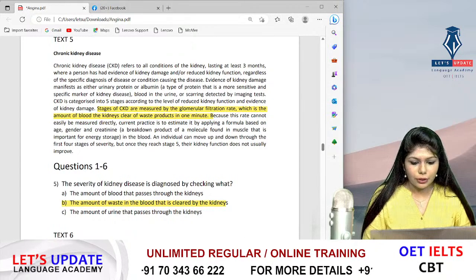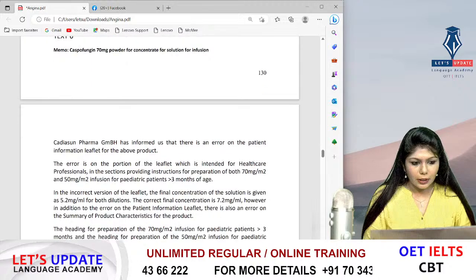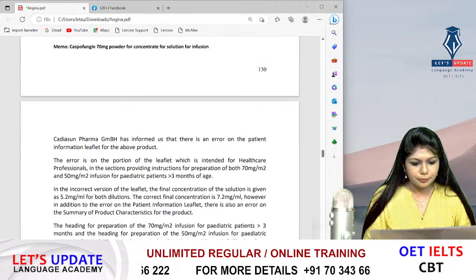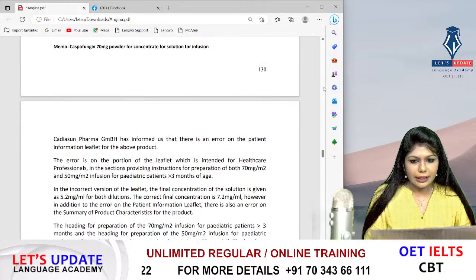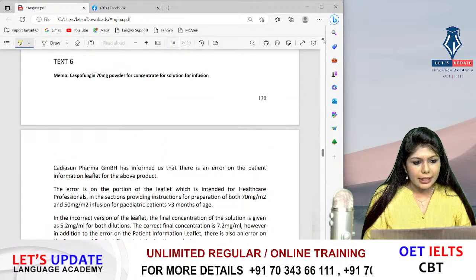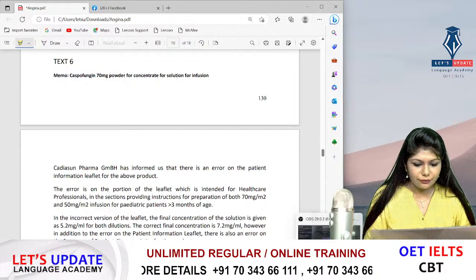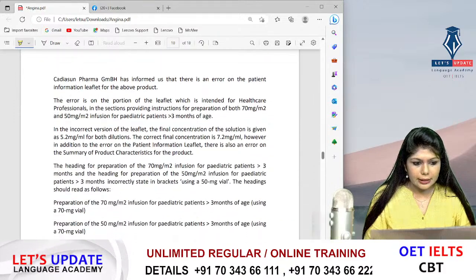Okay, so now moving on to the 6th question and the extract. Let's just read the heading now. Memo, 70 mg powder for concentrate for solution for infusion, and this is the extract.